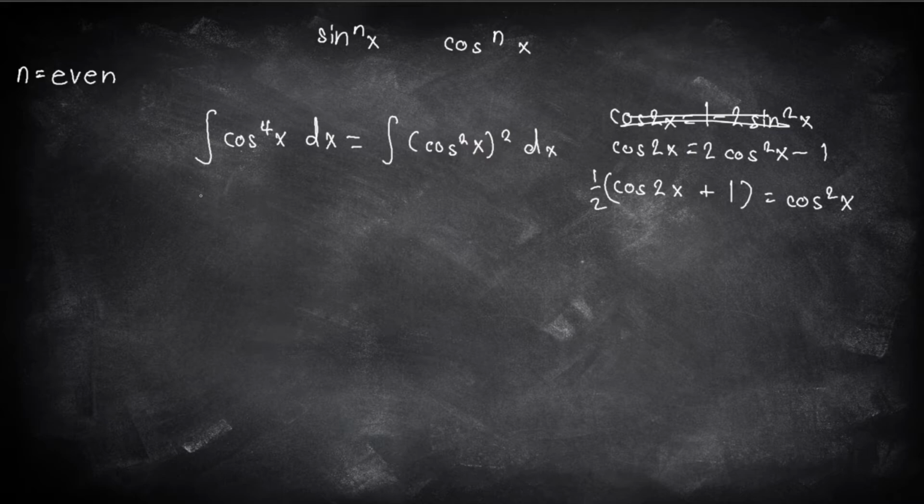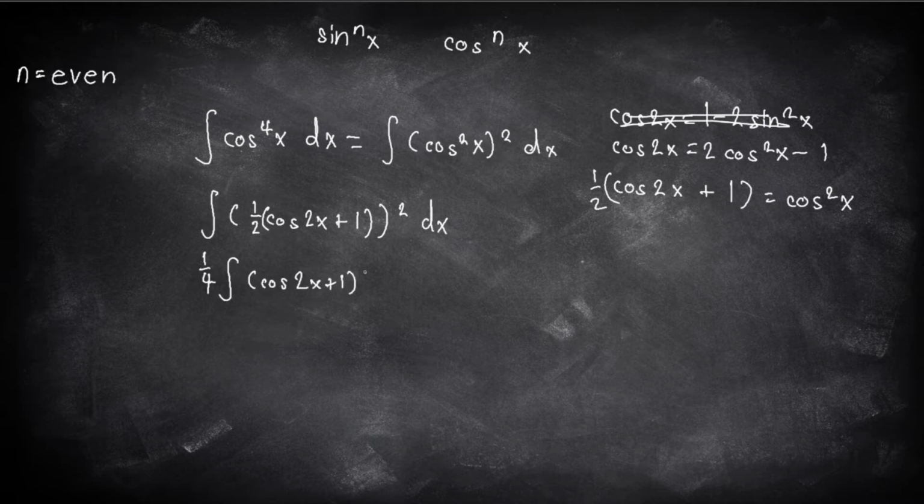Okay, let's substitute that in. So we have 1/2 cosine of 2x, put parentheses, plus 1, close parentheses, squared dx. So 1/2 squared is 1/4, so get that out of the integral. And then cosine of 2x plus 1 squared.